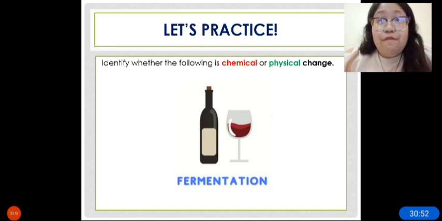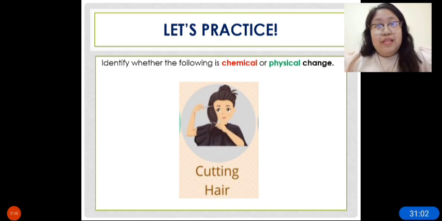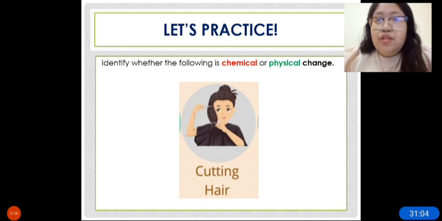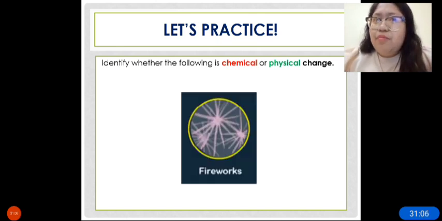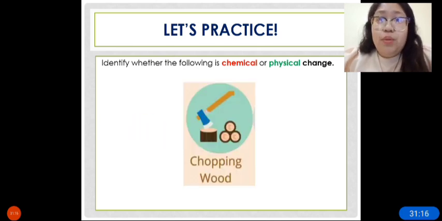Then we also have fermentation. Is this a chemical change or physical change? Cutting of hair. Is this a chemical change or physical change? And how about fireworks? Is this a chemical change or physical change? And chopping of wood.